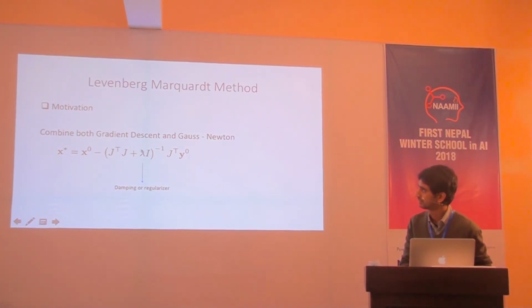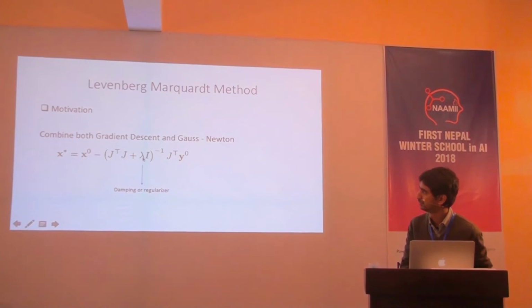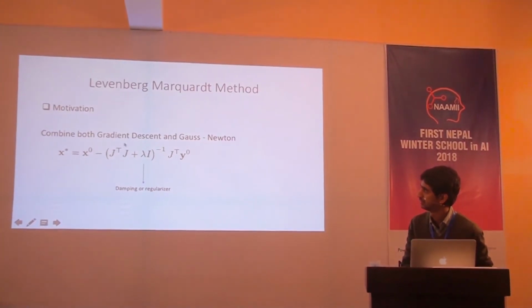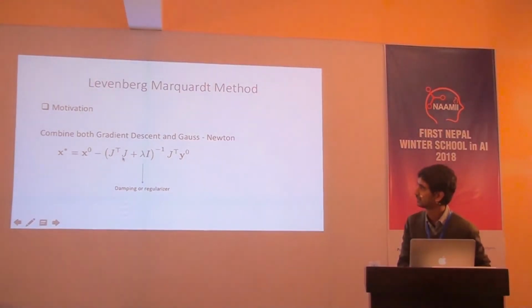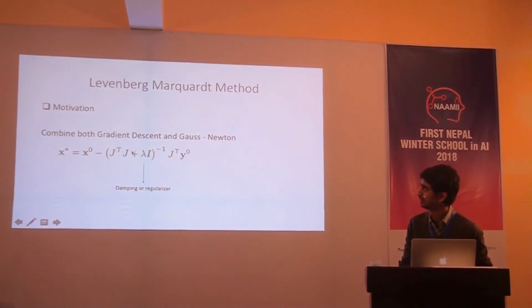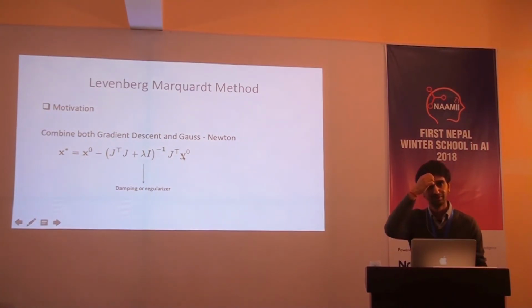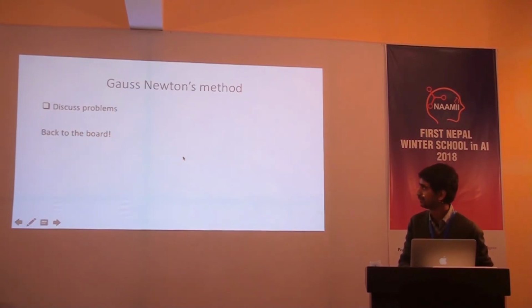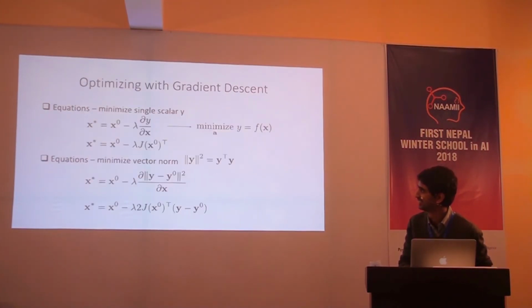So what's happening here is that if you remove this JTJ from here, what do you get? X naught minus JT lambda I, so I is just I, right? So JT Y naught. Do you remember this? Let me go back so you remember. Here. This is gradient descent.